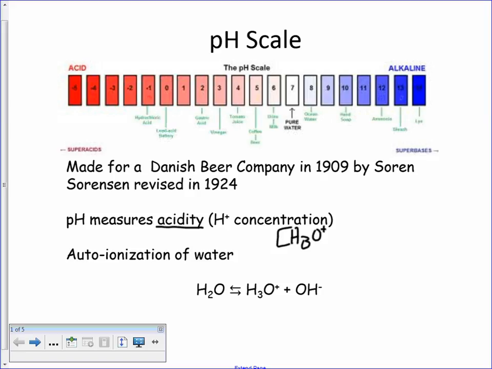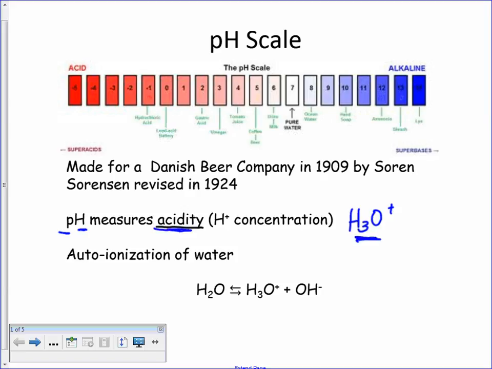And strong acids, when they are in water, will completely ionize into hydronium. So pH is really a measure of the hydronium ion. And because we're looking at hydronium ion, we will measure pH by looking at the concentration of hydronium. P, H, H is for an acid.